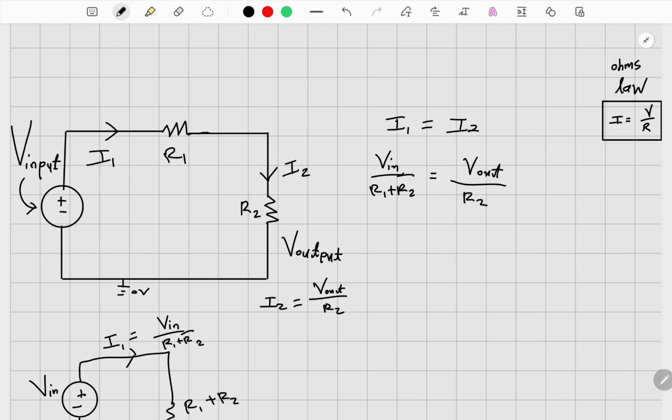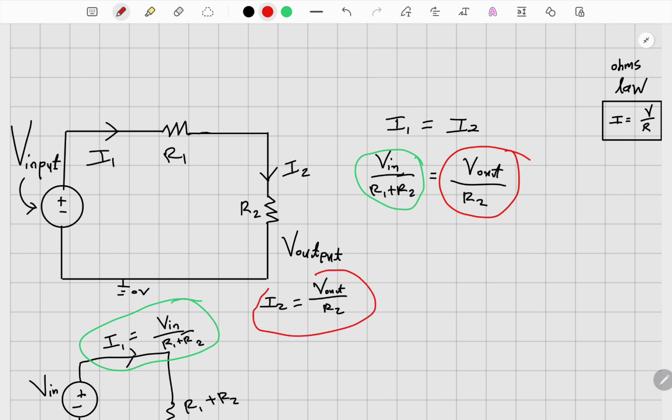And all I did was just sub in my equations from here and here. If you didn't know what I did, that's what I did. And now I'm going to move R2 to the other side. So now I have my new equation. V out is equal to V in times R2 divided by R1 plus R2.